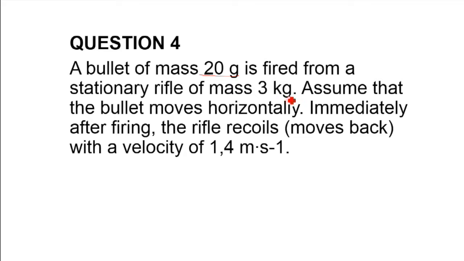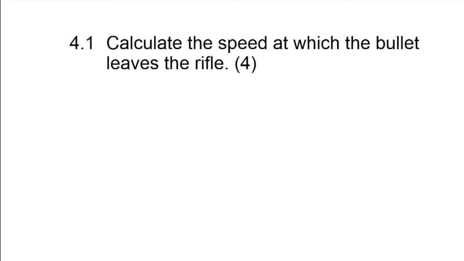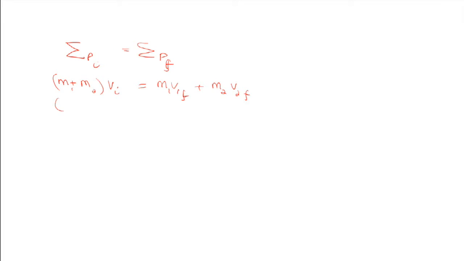The 3 kg is fine, but the 20 needs to be converted. How do we convert? Use the King Henry thing, we divide by 1000. So we have 3 plus 0.02, not 0.002, because it was 20. And then V initial, what is it? They were stationary, so that's going to be 0.